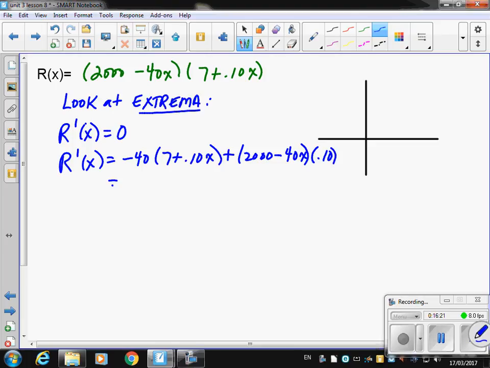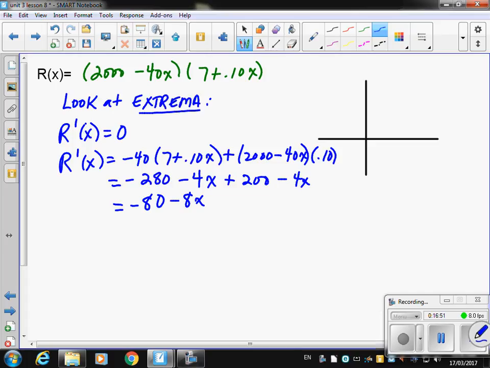And then we'll tidy it up. Plus 200 subtract 4x. Negative 80, negative 8x. I hope we all got to the same place. I'm checking here. All right.